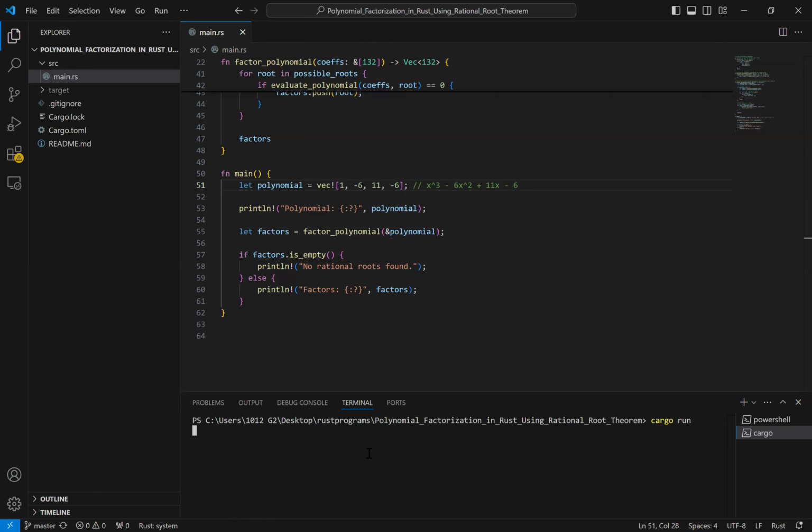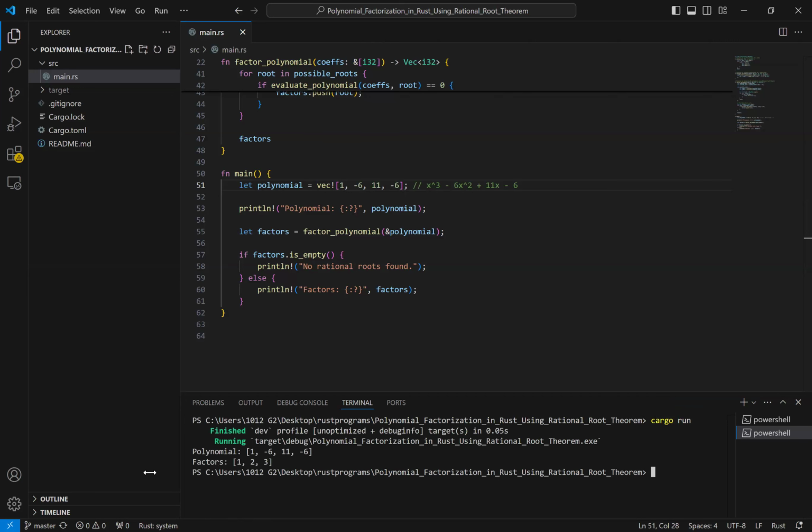Once you get the roots, you can always factorize. So it has told us, for instance, for this polynomial here, the roots are this. So x is 1, or x is 2, or x is 3.